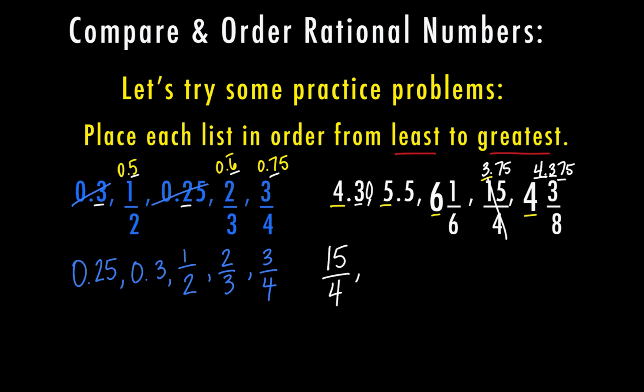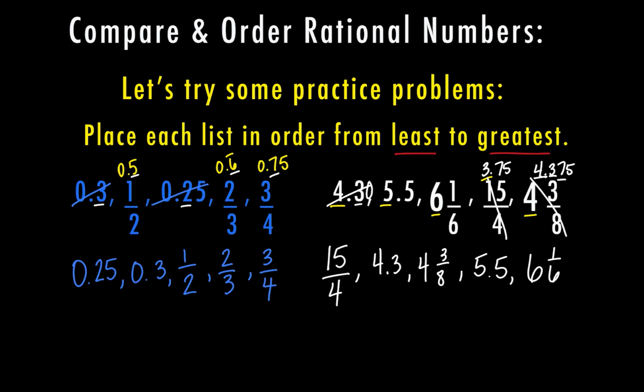The hundredths place, this would be a 0 because there's nothing there, and 0 is less than 7. So 4 3/10 is smaller than 4 3/8. My last two, I have 5.5 and 6 1/6. Well, 5 is less than 6, so 5.5 comes before 6 1/6.